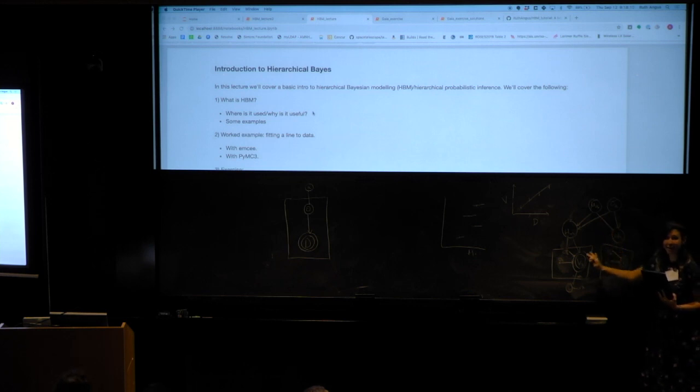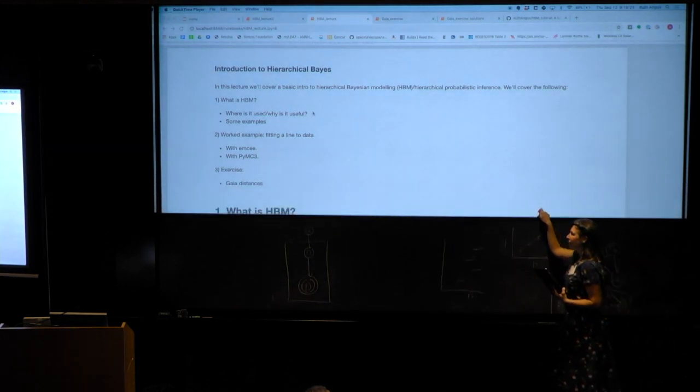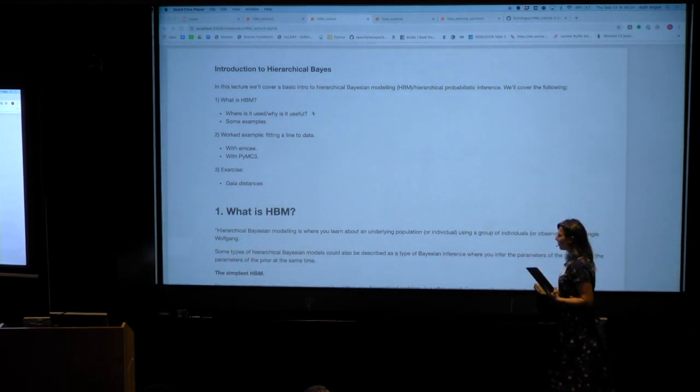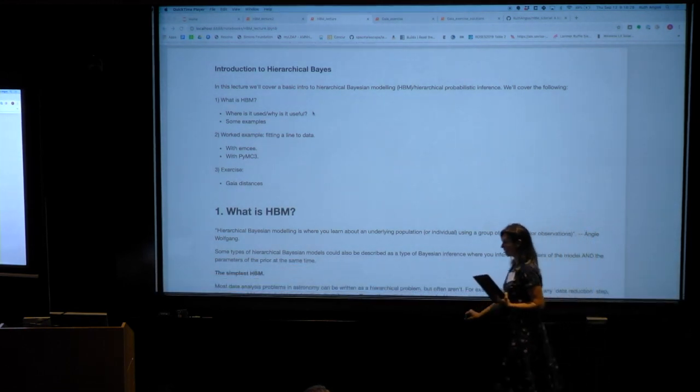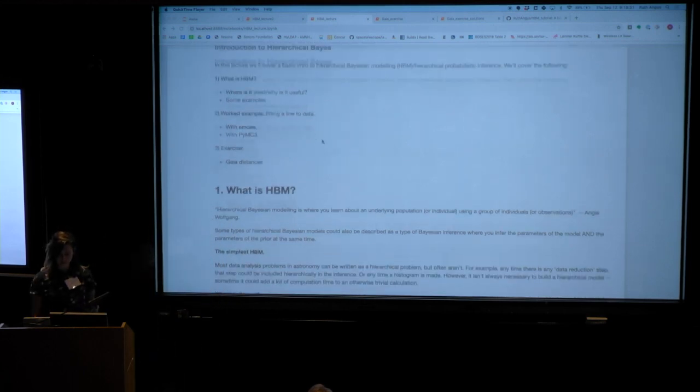If you need to learn from the whole family of observations, that's when you go hierarchical. We'll go through an example where we do exactly that in a second.